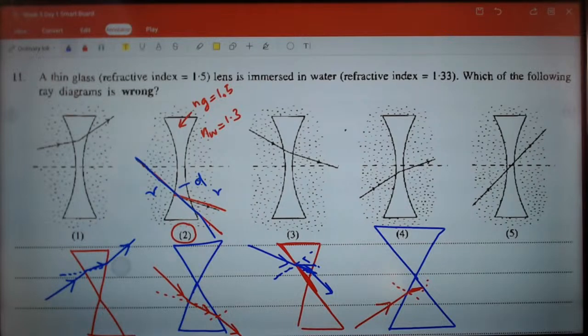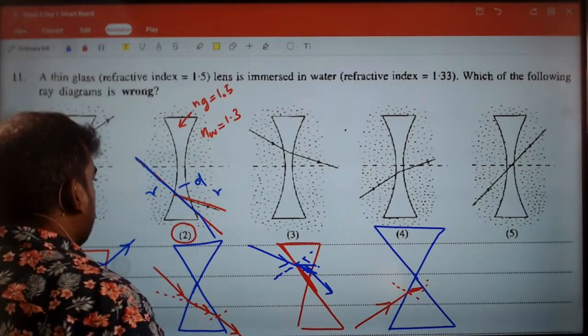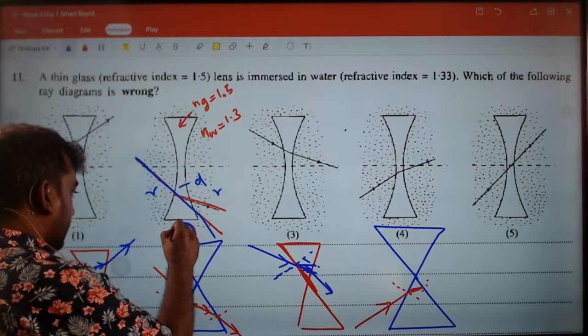Right. So from this, what can you say? Obvious, no? So this is your issue. The second one is the issue one.